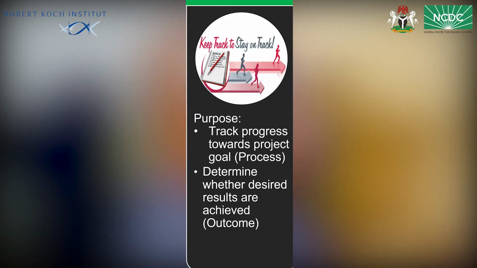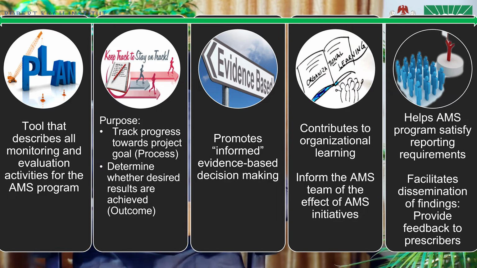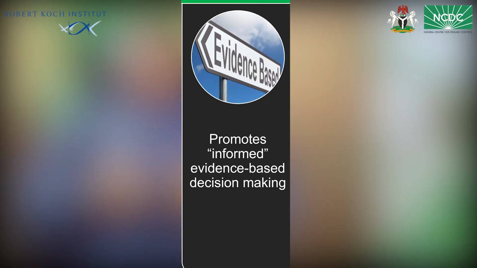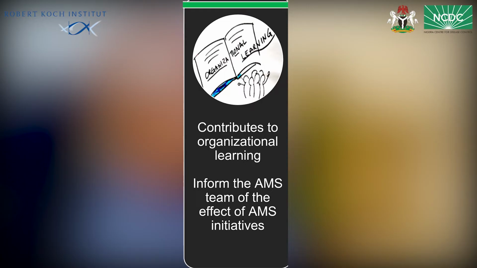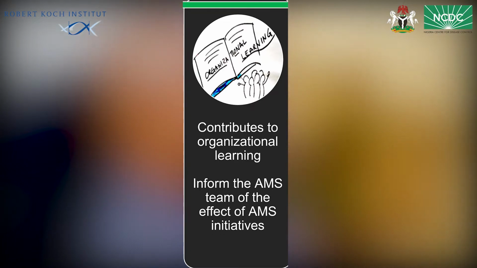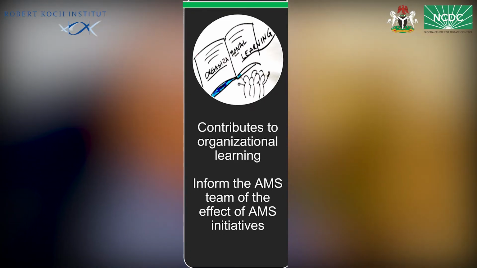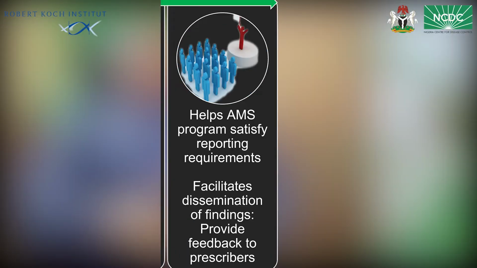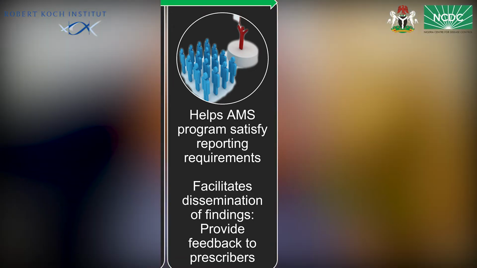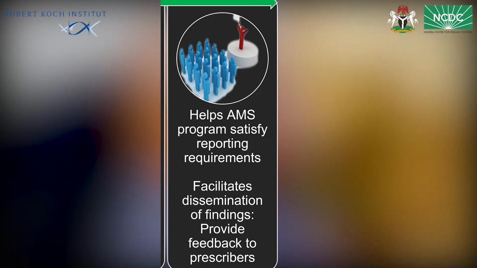It is tracking progress towards project goals and determining whether desired results are achieved. 3, it has to promote informed, evidence-based decision making. 4, it has to contribute to organizational learning by informing the AMS team of the effect of the AMS initiative. 5, it has to help AMS programs satisfy reporting requirements and facilitate dissemination of findings, providing feedback to prescribers.